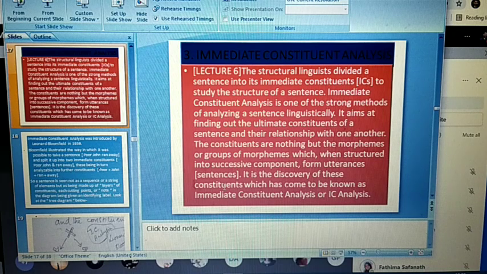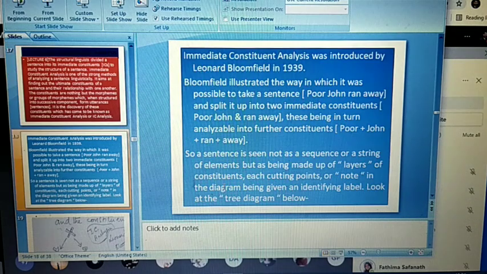The constituents are nothing but the morphemes or words or groups of morphemes which, when structured into successive components, form utterances or sentences. It is the discovery of these constituents which has come to be known as immediate constituent or IC analysis.